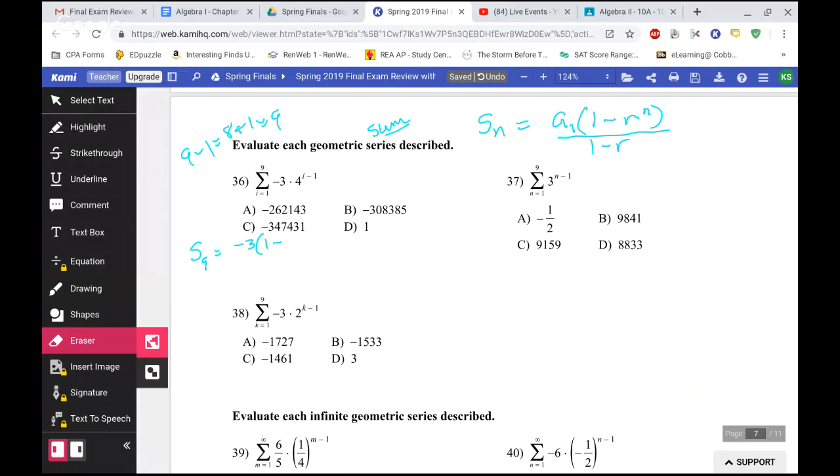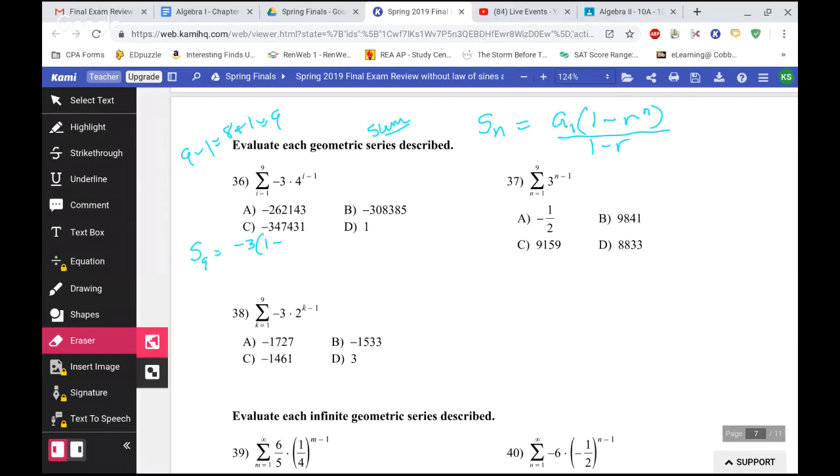How do I know which one's the common ratio? Can anybody tell me? On number 36, if you had to guess what the common ratio was, what would it be? Knowing what the explicit formula looks like, is it -3 or is it 4?